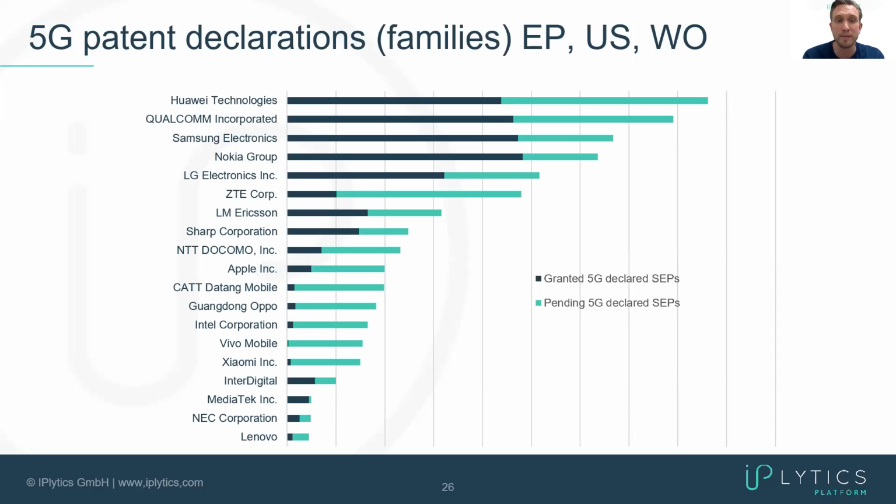A lot of Asian players have entered the game in recent years. Back then, also in Germany, we had Bosch and Siemens owning a lot of those standard essential patents, and that has changed. And it seems like in Europe we are more the users of technology, so the auto industry and the manufacturing industry. So you can see a development here.